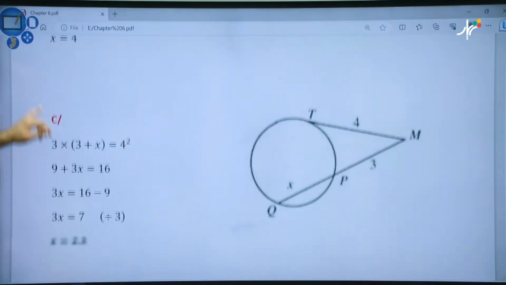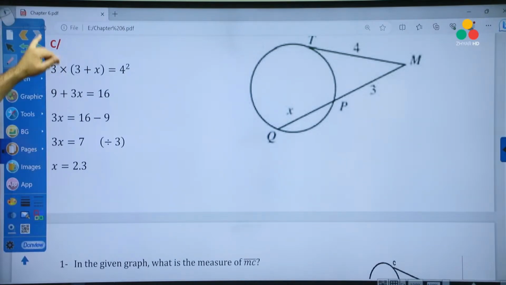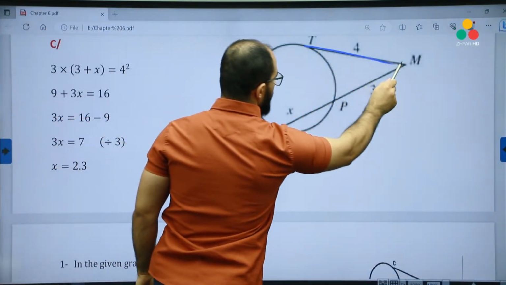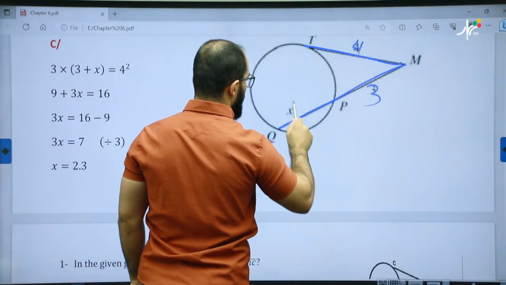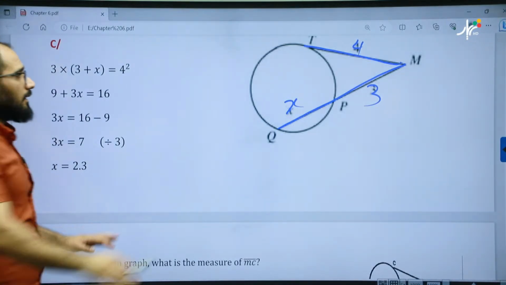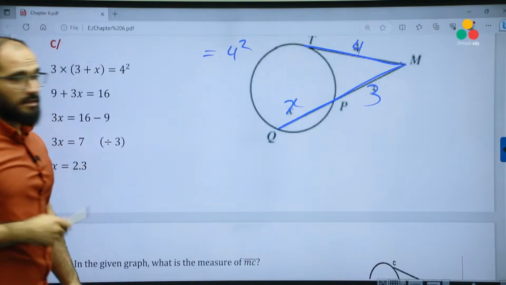But the last question that we have is different. This time the tangent is given, but we do not change our rule. This is the tangent and the secant. That is 4, 3, x. Find the value of x. The tangent is always power 2. The tangent is given this time.